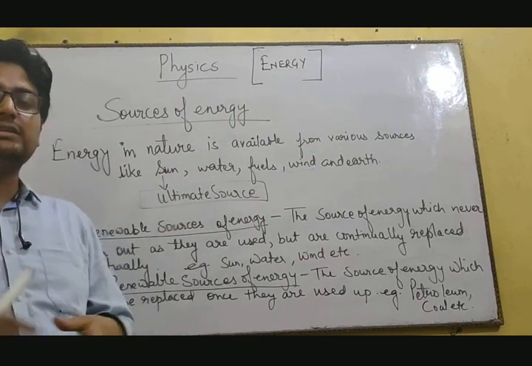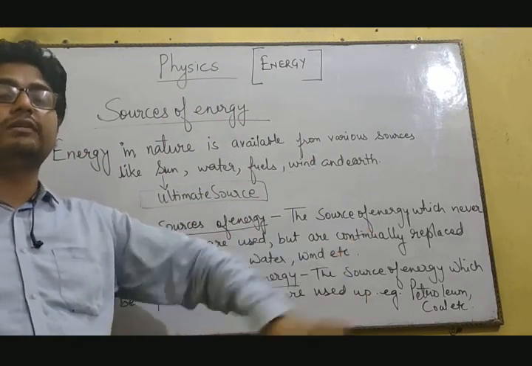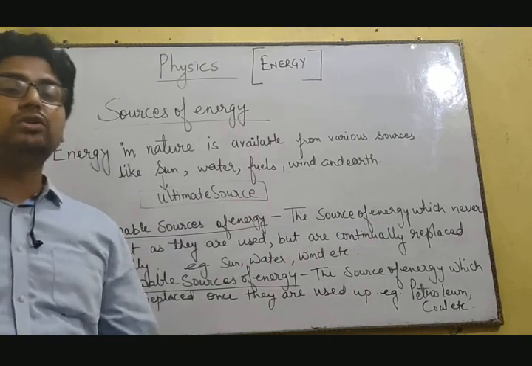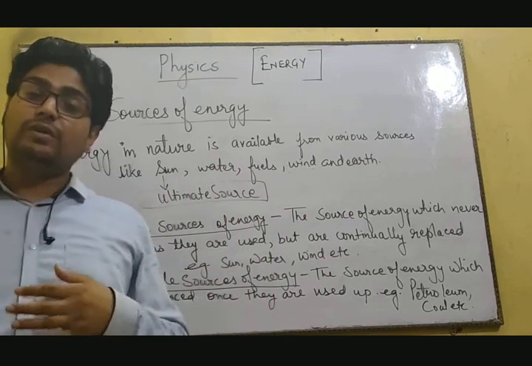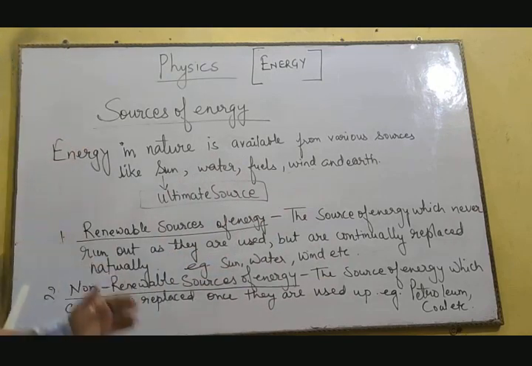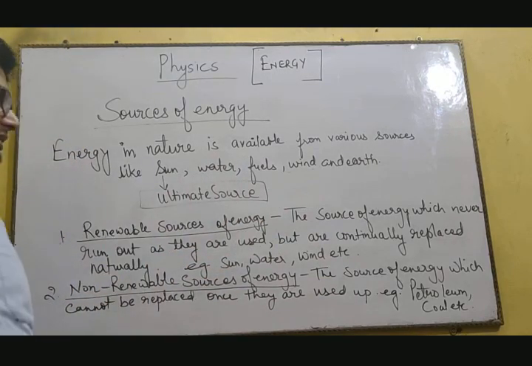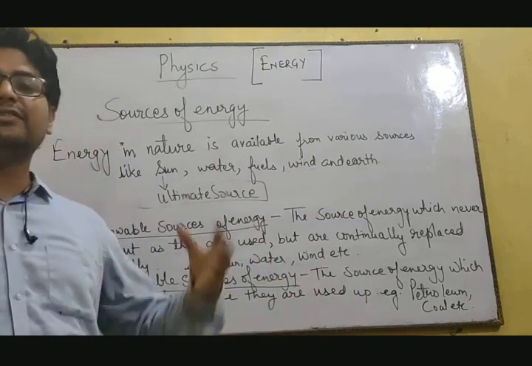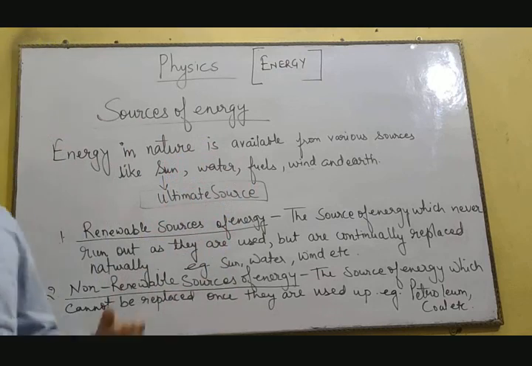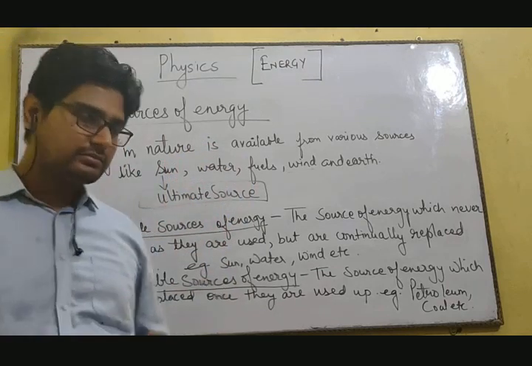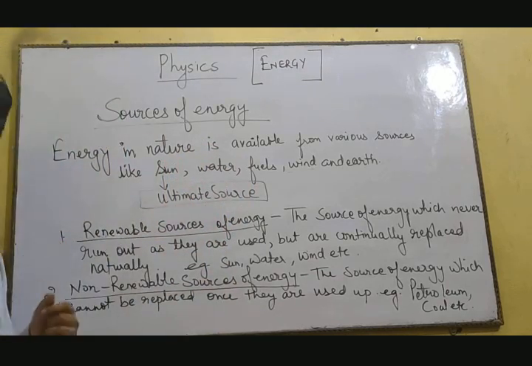Then again the same water will flow into the rivers and lakes, and then again it will evaporate, and this process continuously takes place. So water is also a renewable source of energy. And wind, you know that wind will keep on blowing, and we can use that form of energy according to our use. So these were renewable sources of energy.